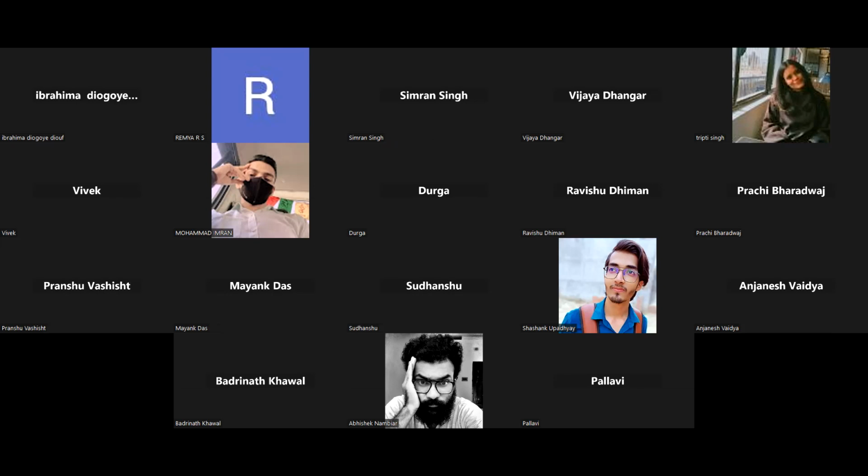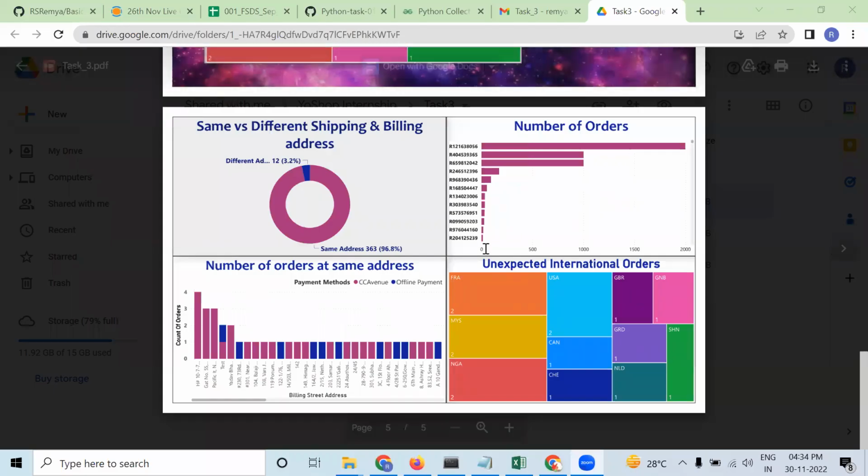Pallavi, only in this one case you have included the order ID, but not in others. So please try to include order ID in other charts also. Okay, ma'am.